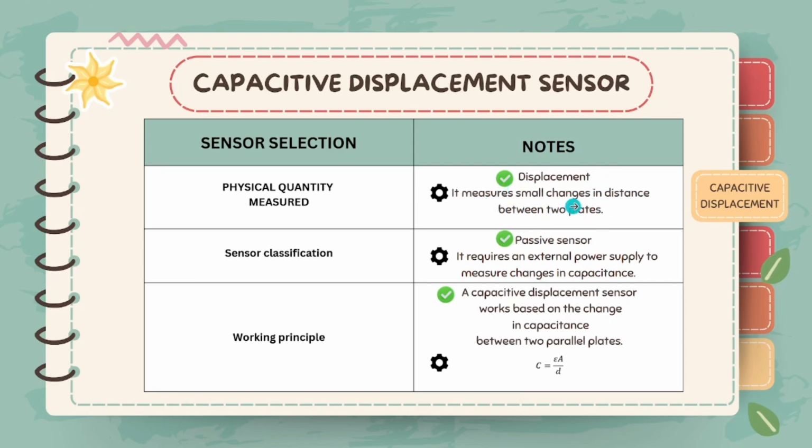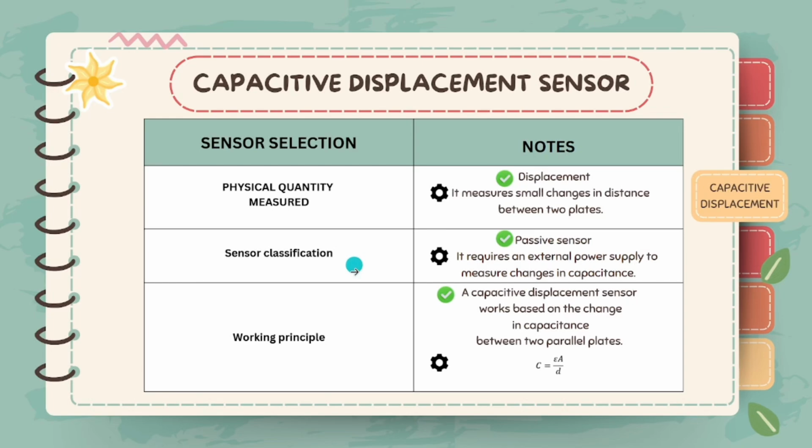Displacement is how much something has moved, and it detects small changes between two plates, like any tiny movement or vibration. The sensor classification is passive sensor, but it still needs external power to work. This sensor measures changes in capacitance, which is the ability to store electric charge.